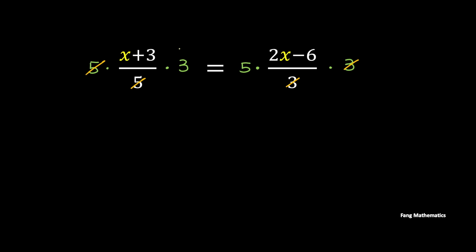And we are to put everything else back into the equation and solve. On the left, remember that you have a 3. So you put this 3 outside of the parentheses. And on the numerator, you have x plus 3 inside the parentheses. The reason is x plus 3 is a single object and you cannot separate them. So put them inside a parenthesis.